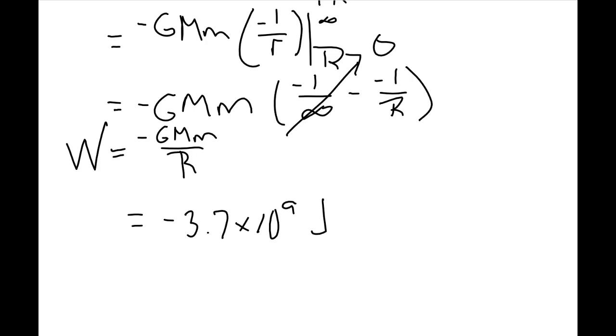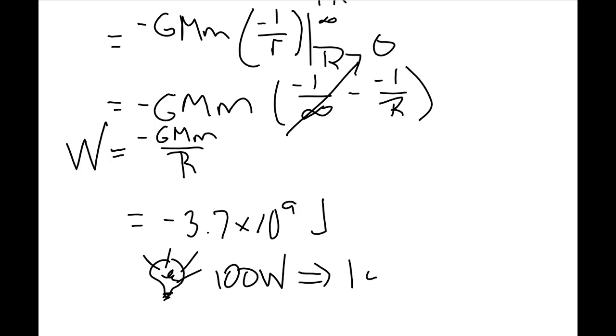And that seems like a ton of energy. But in reality, if I have a 100-watt light bulb, okay, there's my little curly Q in the light bulb, and I let this run for an entire year, if I were to total up all the energy that took, it ends up being 3.1 times 10 to the 9th joules.